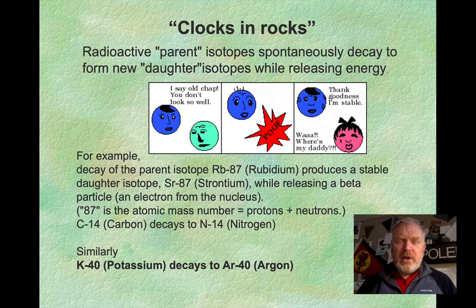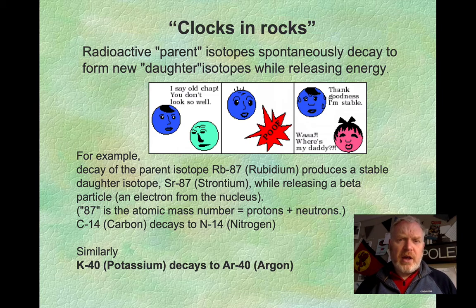Now there are a couple of other techniques. Rubidium-strontium is not one of the techniques we need to know. Other ones we do need to know: carbon-14, which decays to nitrogen-14. That has some limited geological applications, although it's the one that most people know.